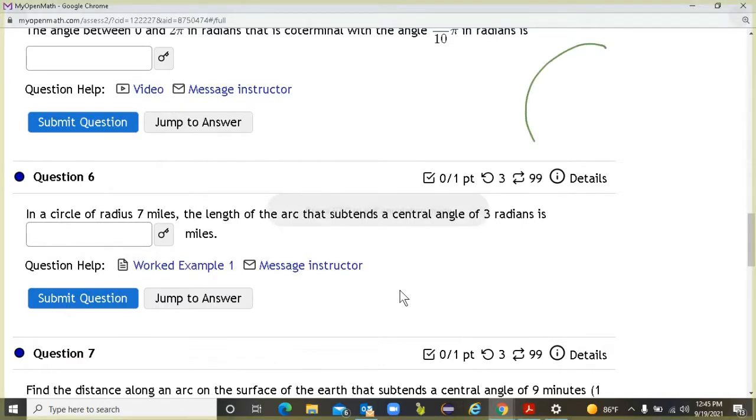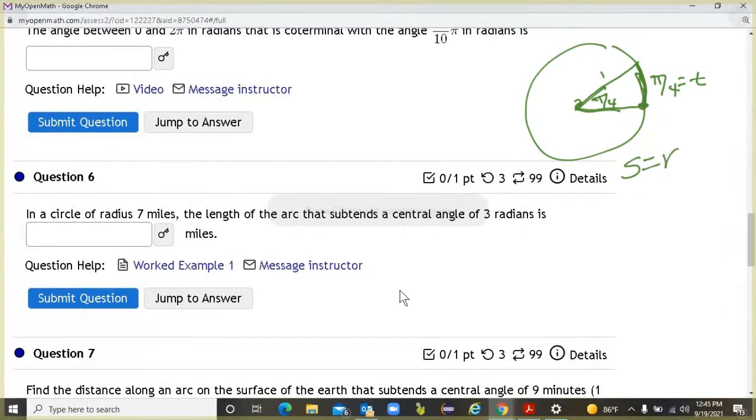So in a circle, we actually learned that if the radius of the circle is just 1, and this was, say, pi over 4 length, then the angle is also pi over 4. So in the unit circle, the length of an arc is actually the same as the angle.